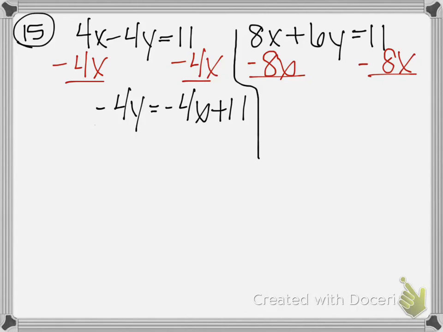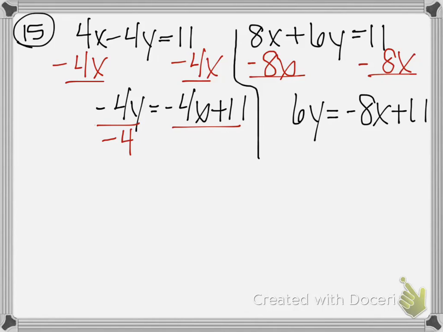And then on this side, I'm going to have 6y equals negative 8x plus 11. Now on the equation on the left, I've got to divide everything by negative 4. And on the equation on the right, I'm going to have to divide everything by 6.